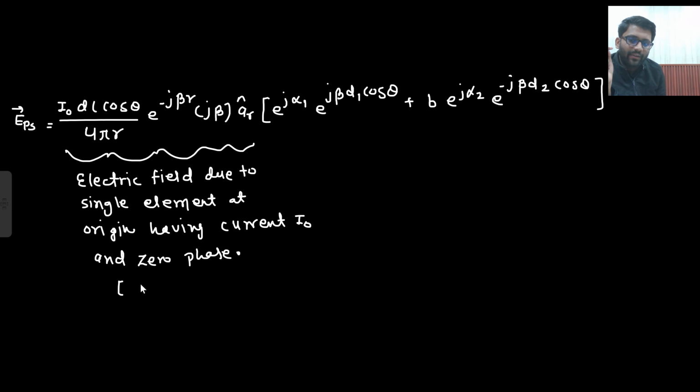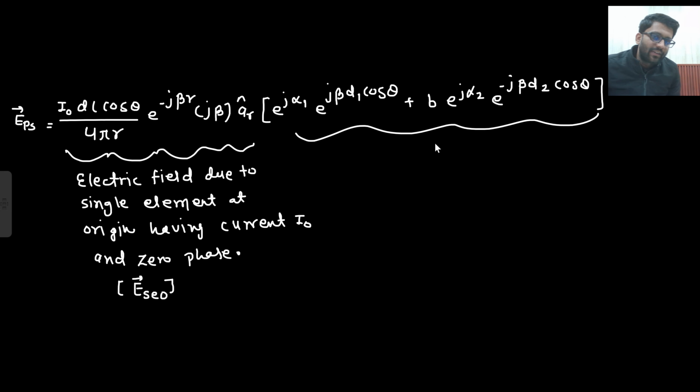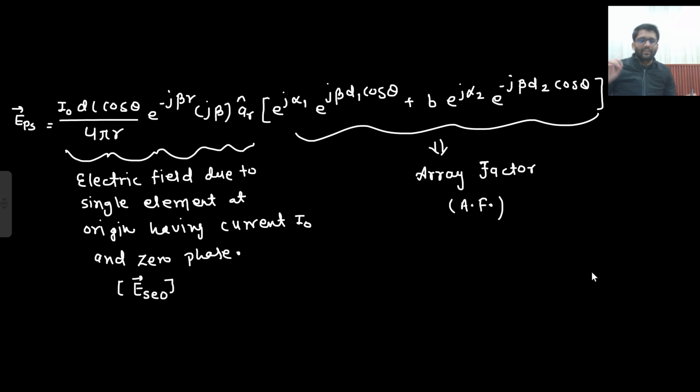So this I am gonna write down as electric field due to single element at origin. So this is your this. And this is known as array factor. What this is known as? This is known as array factor. Okay. From now onwards, I will be writing this down as AF, array factor.